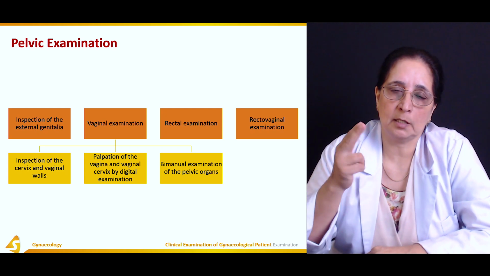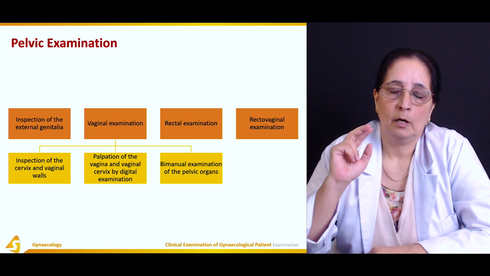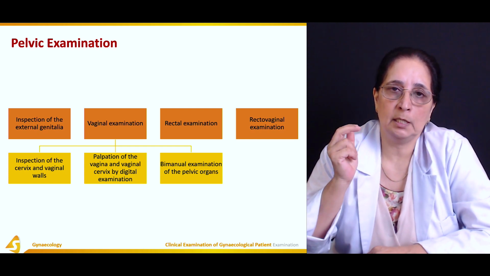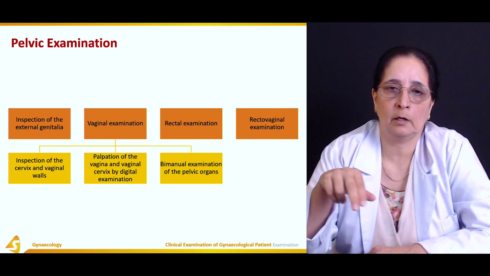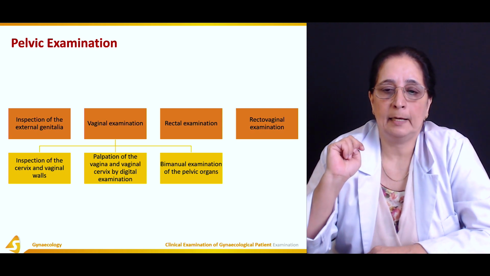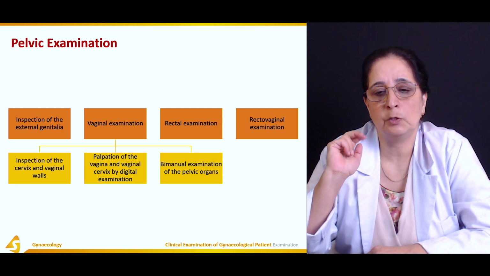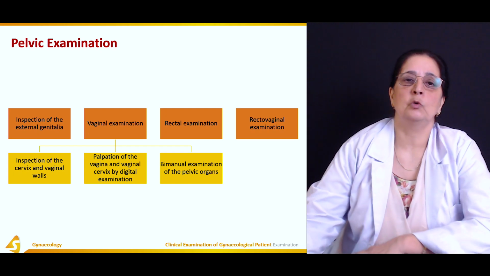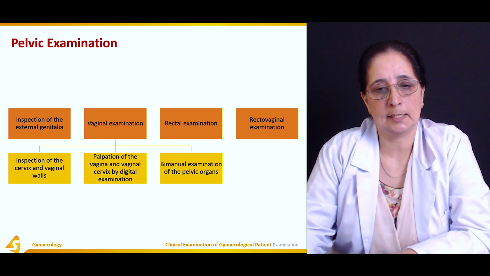Usually 2 fingers or 1 finger are used to feel deep, to find out the position of the cervix or all the structures around. And then bimanual examination is also used, in which one hand is on the abdomen and the other is used to palpate, or feel, the pelvic organs.